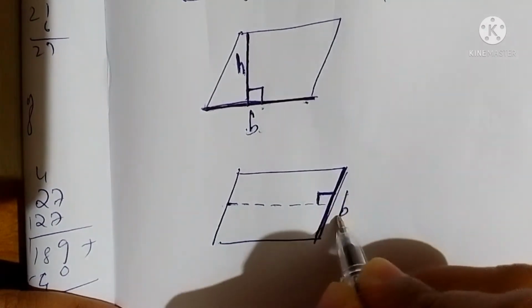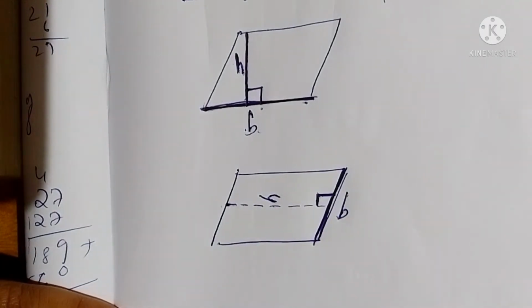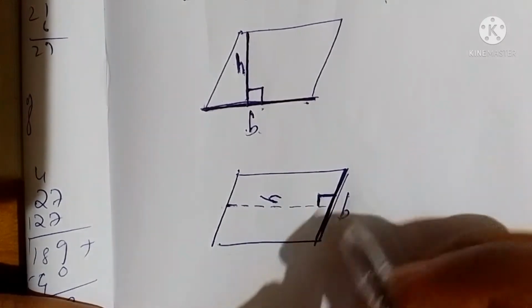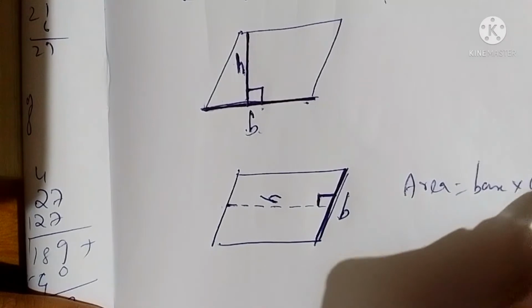So if this is the base, this will be the corresponding height. In that case also we use the same formula, area equals base into corresponding height.